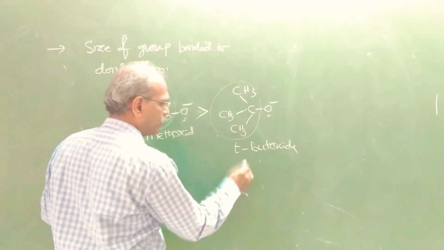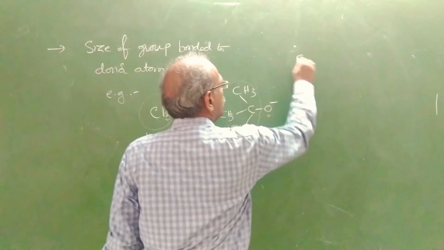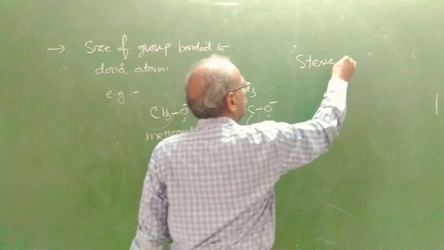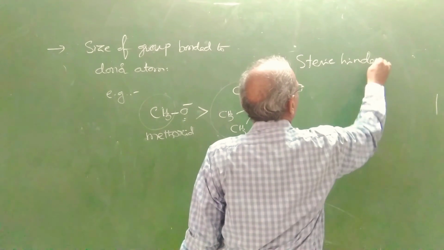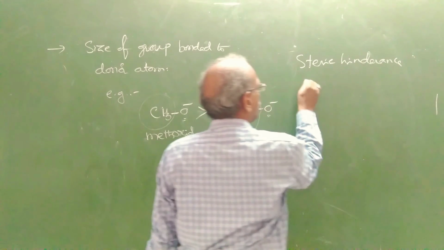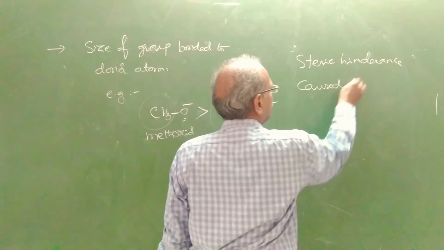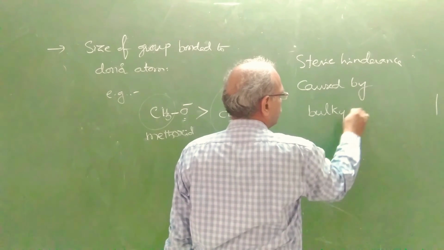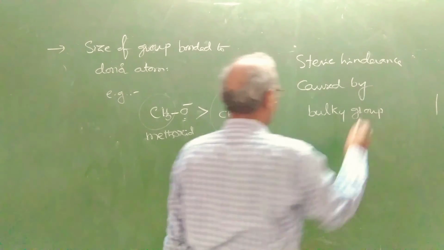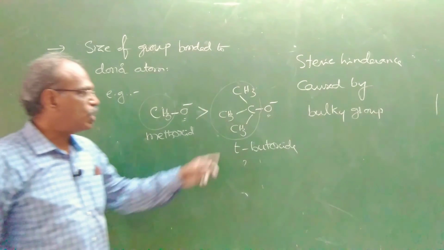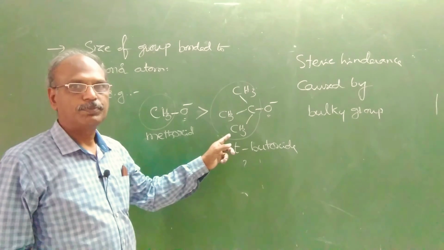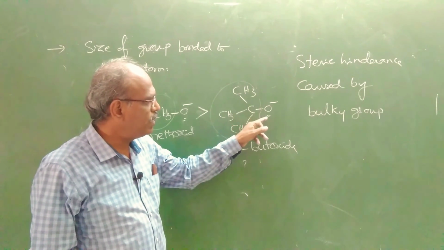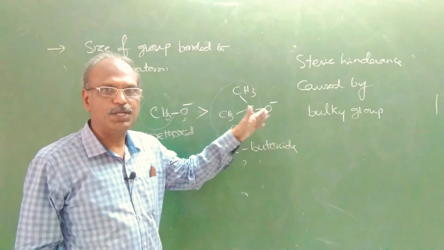Why? The reason is steric hindrance caused by the bulky group. Because of this bulky group, it cannot easily approach the electron deficient center.